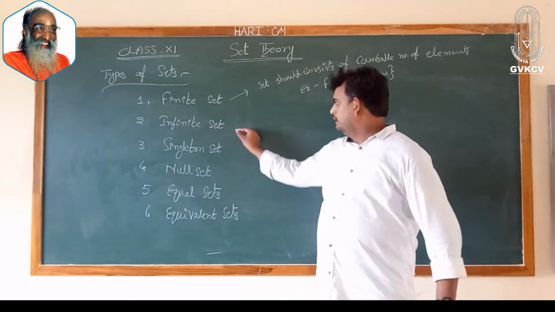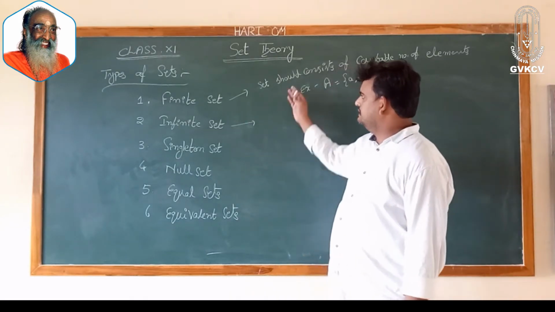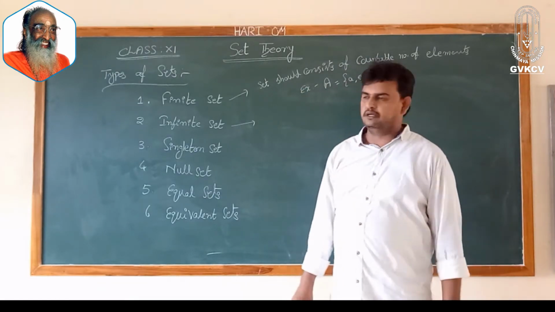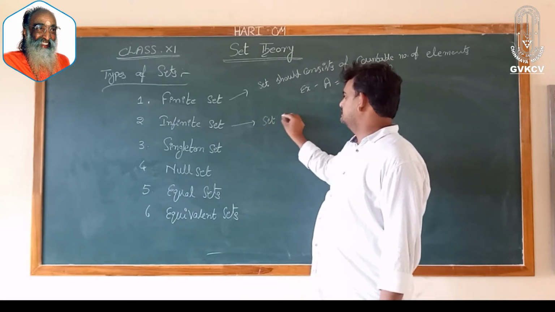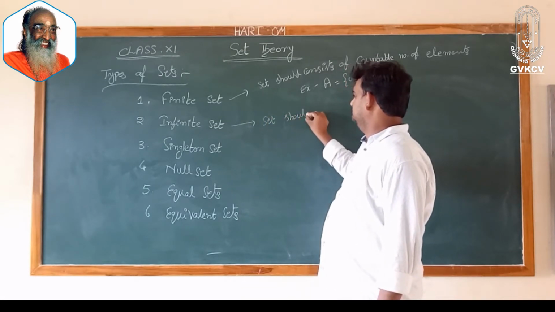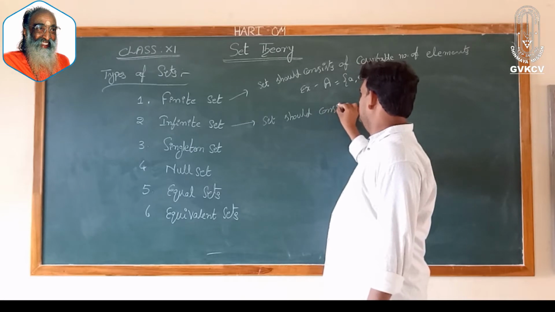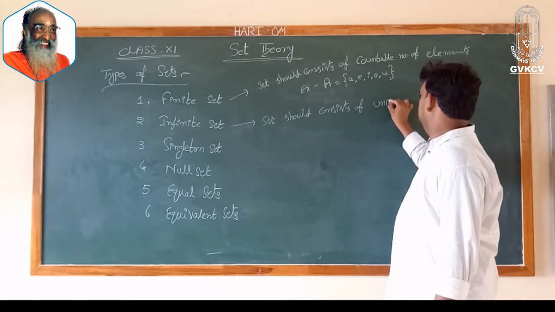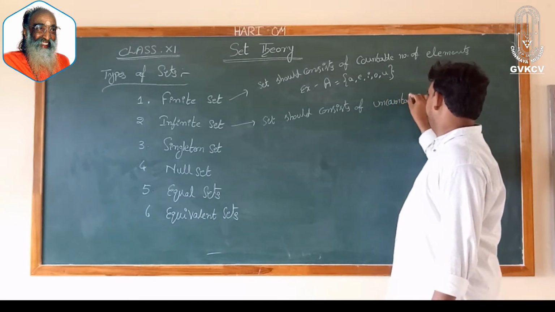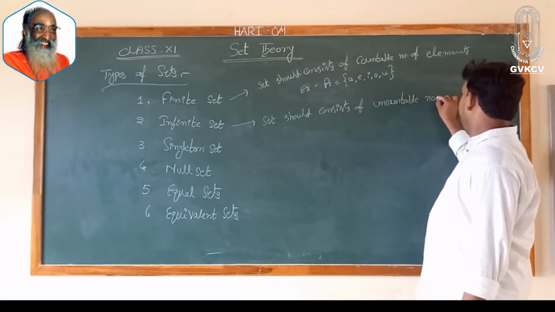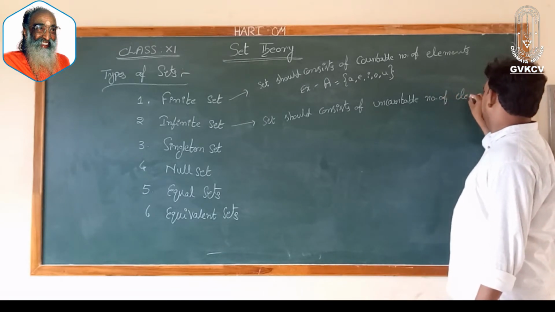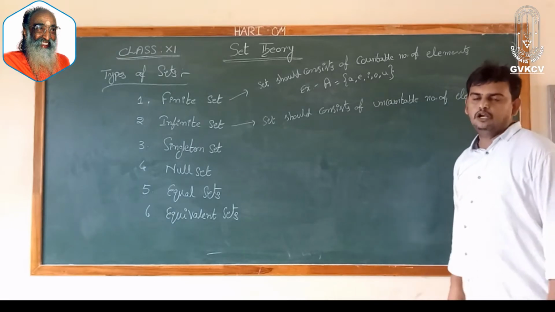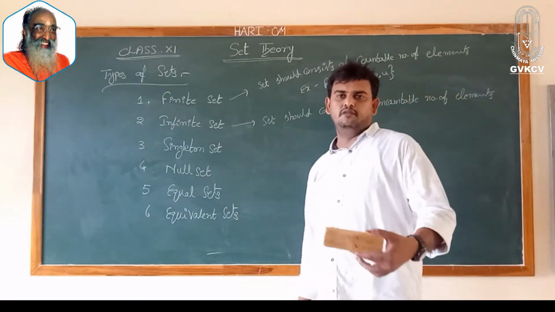Now whatever infinite set, easily you can say it is a set that contains an uncountable number of elements. Set should consist of an uncountable number of elements. Uncountable means infinite.